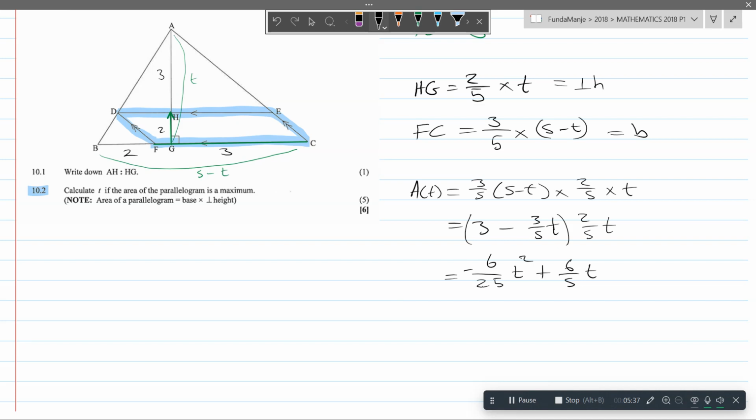And then that other one is positive and positive. That will give us 3 times 2, 6 over 5 T.